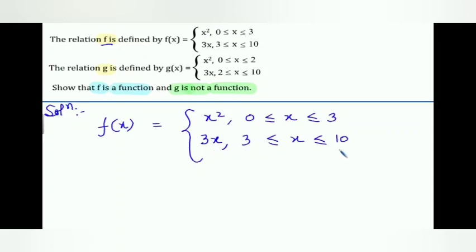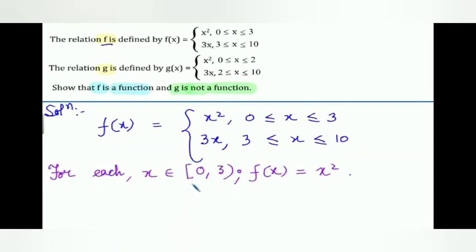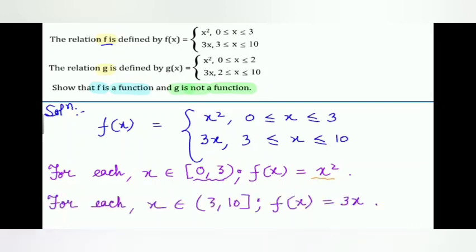Here f of x is equal to x square, where 0 less than or equal to x less than or equal to 3, and f of x is equal to 3x, where x is between 3 and 10. So for each x belonging to 0 to 3, f of x is x square, and for each x belonging to 3 to 10, f of x is 3x.